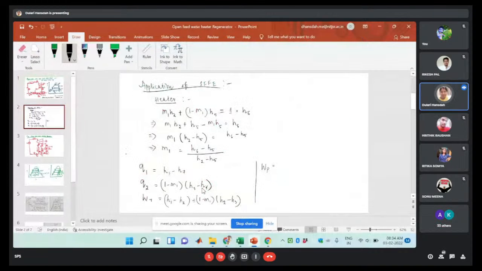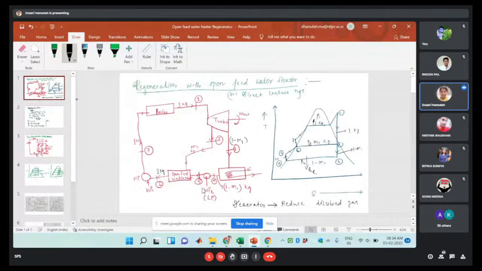The amount of steam entering the pump is 1 minus M1, and here we are considering S7 and S3 as the same.